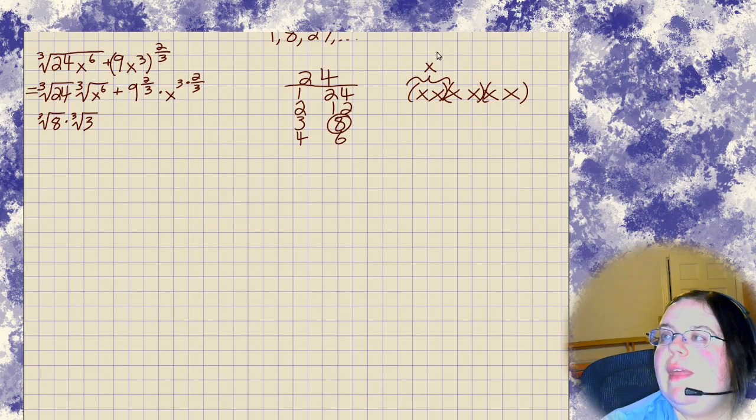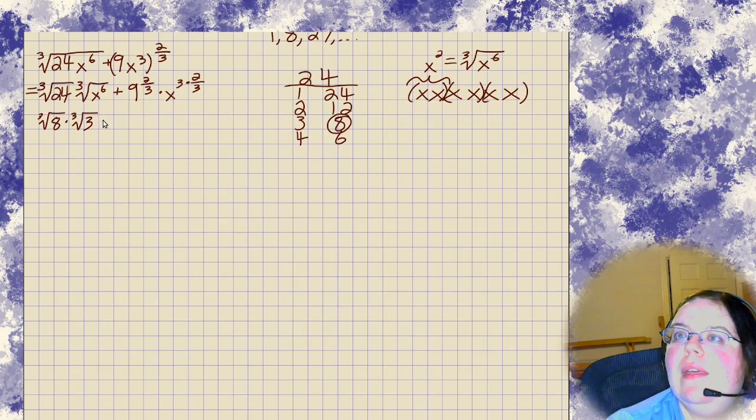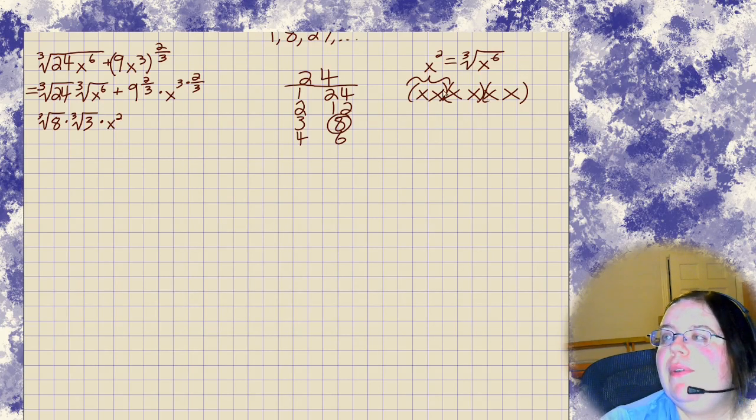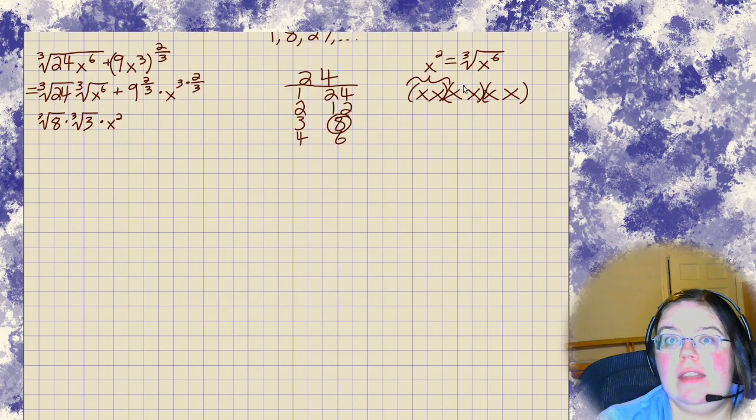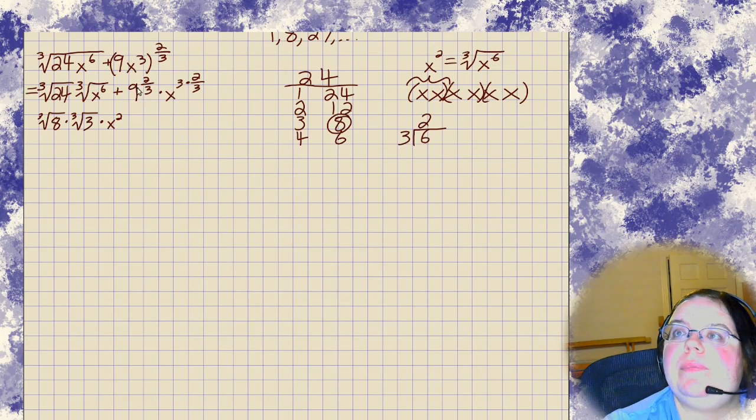So we'd say that x squared is the cube root of x to the 6th, because if we repeated that 3 times, we'd get back what we started with. So I'll just say x squared. And again, if this were larger numbers that were not convenient to write out fully, it could be very convenient to say, okay, 6 factors of x divided into 3 groups would be 2 factors of x in each group.